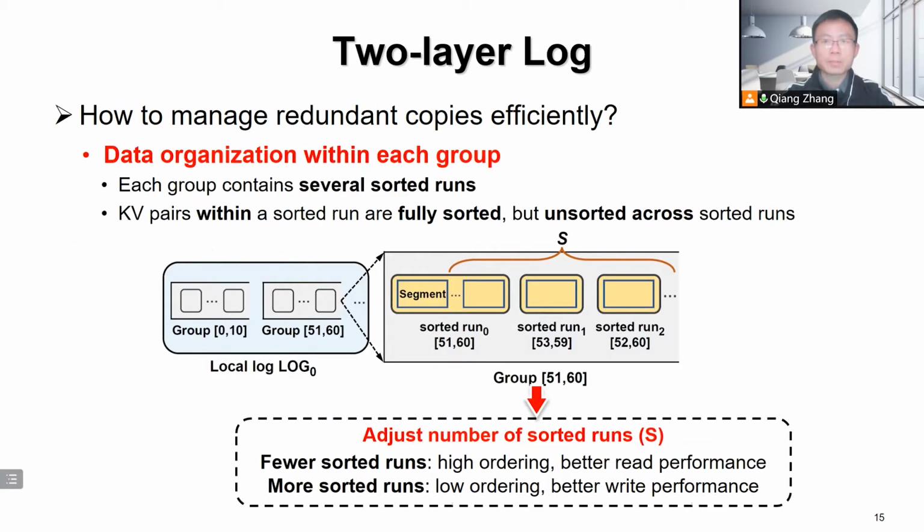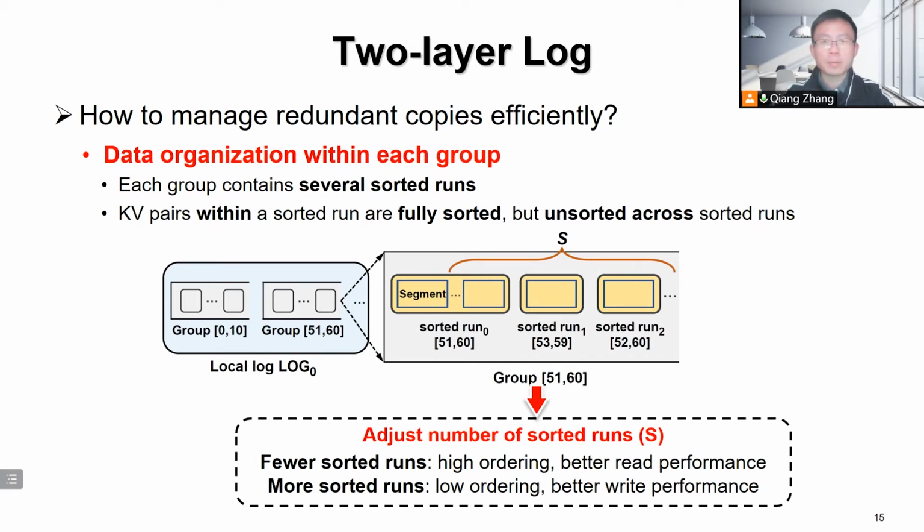In addition, each group contains several sorted runs. Note that the KV pairs within a sorted run are fully sorted, but unsorted across sorted runs. Therefore, we can adjust the number of sorted runs within the group to balance the read and write performance.